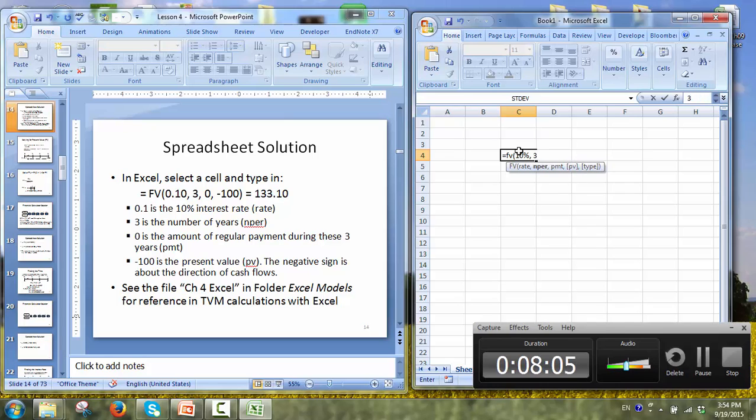Since we have 3 years, we'll use 3 as NPER. And let's use 0 as PMT again because there is no other payment involved. And for present value, we can use a negative 100, and that's it. We get the result of 133.1. You notice I'm using a negative 100 as a present value.